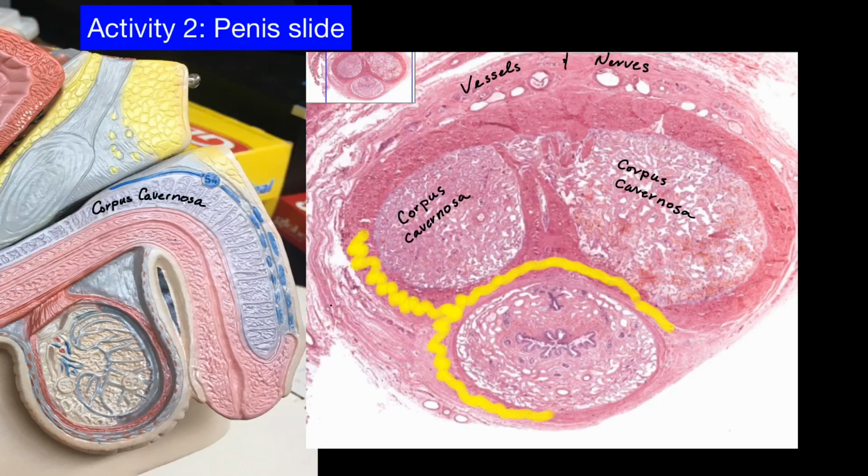So in addition to lots of muscle areas that you can see, the blood sinuses are lined with endothelial cells and they can become filled with blood during the erection. And that blood is transported through these deep arteries that we can see through the tubes.